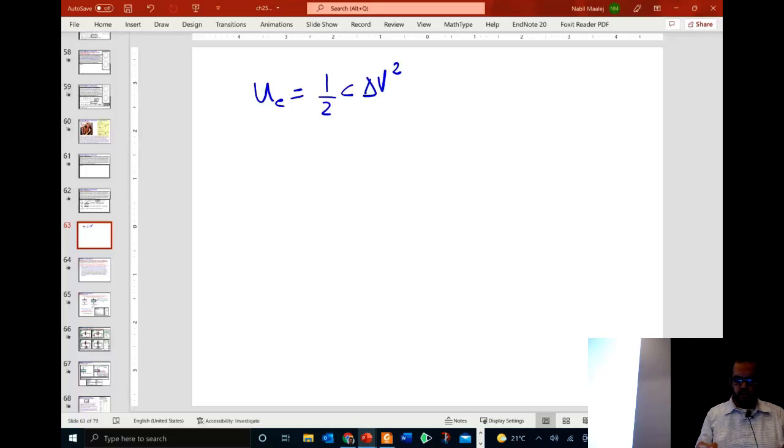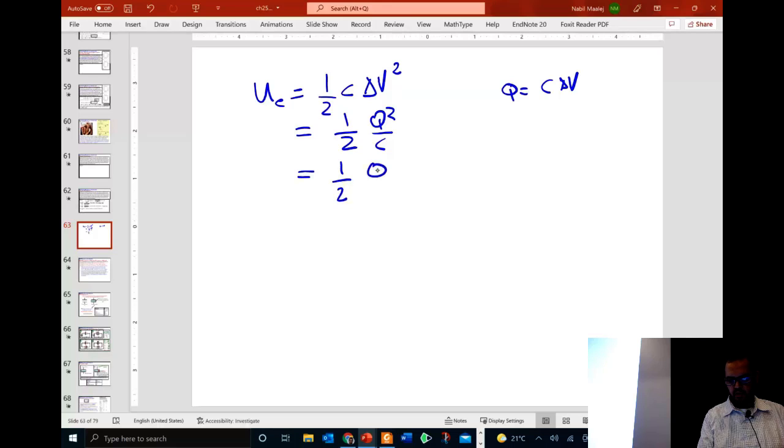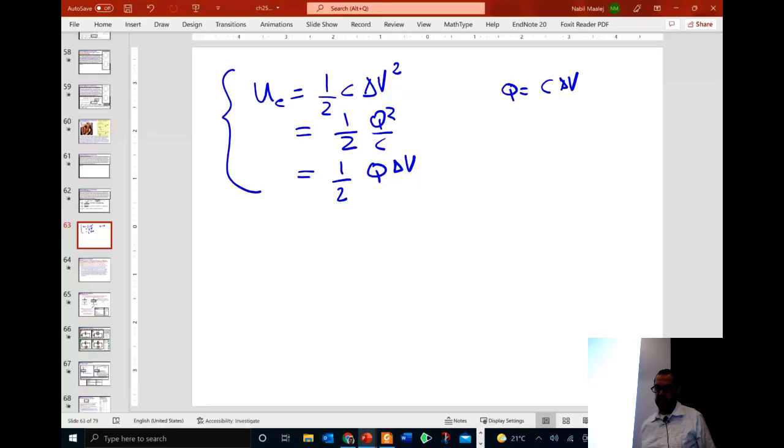Since we know that Q is C delta V, this is also equal to 1/2 Q squared over C, and it's also equal to 1/2 Q times delta V. So you can use any of these equations to determine the electric potential energy stored in a capacitor.